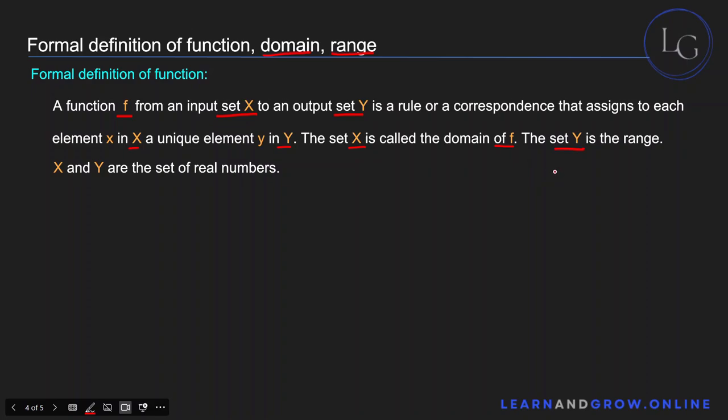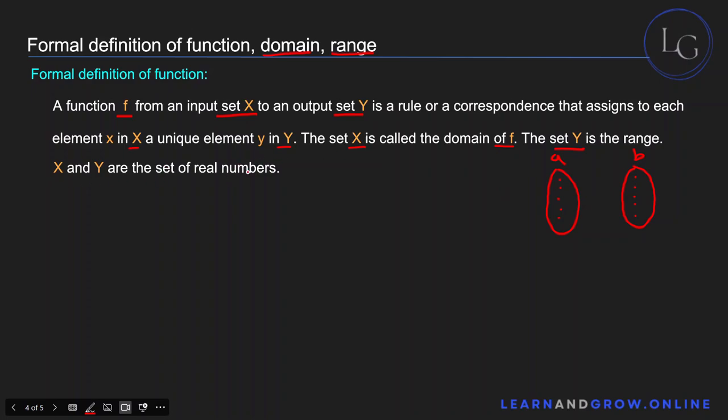So you remember the two sets, A and B, right? Each element in A and each element in B, and let's say this is a function. Basically the set A is called the domain of the function, and the set y is the range of the function.